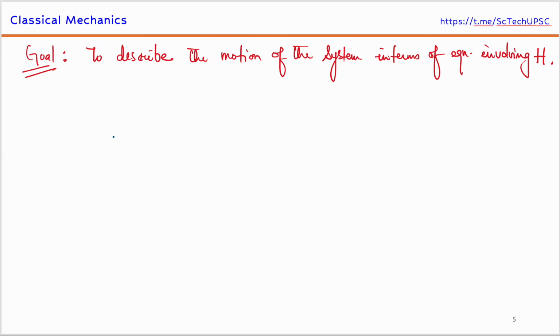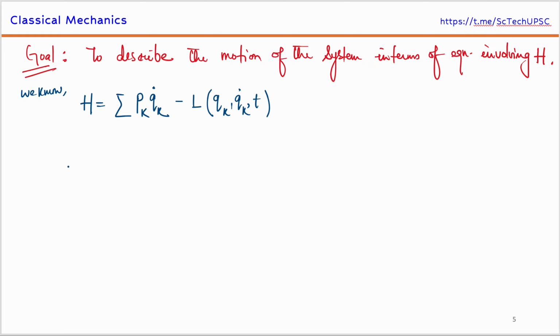As we have written already, we know that the Hamiltonian function H is pk qk dot minus the Lagrangian L, which is, for completeness' sake, a function of qk, qk dot and t.